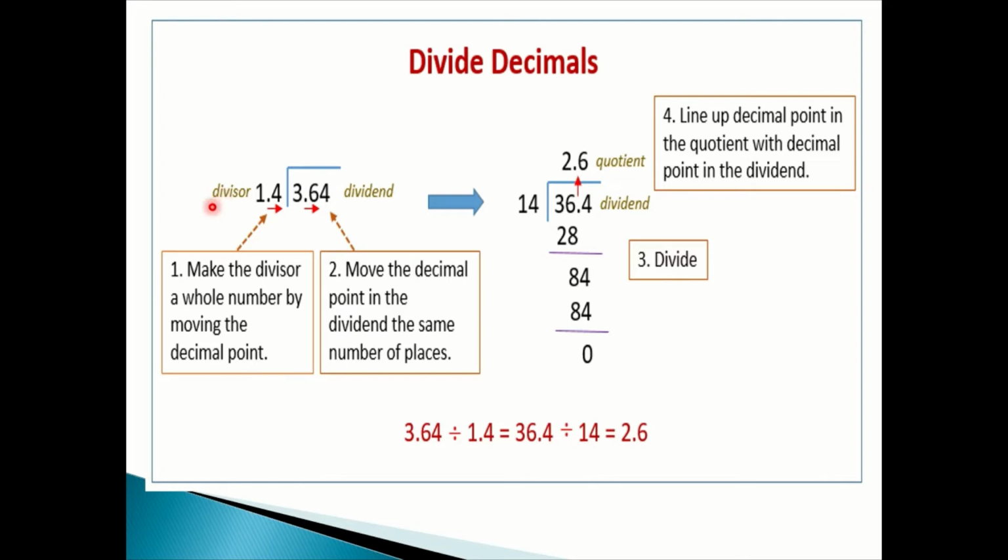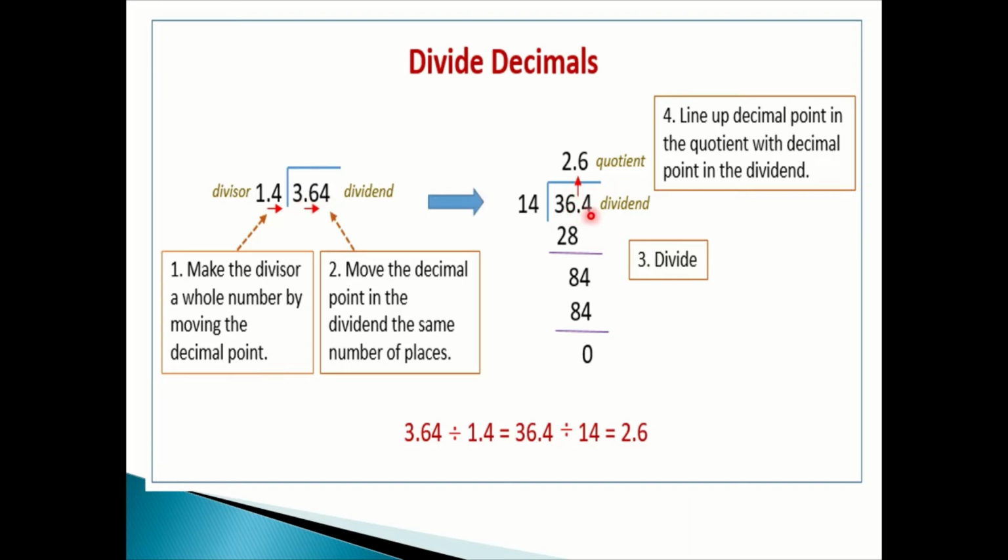First things first, we make the divisor a whole number by moving the decimal point, which means 1.4, we move it one place to the right, so that will turn to 14. And move the decimal point in the dividend the same number of places. So if we move 1 point here, we also move 1 point there. So 3.64 will become 36.4.